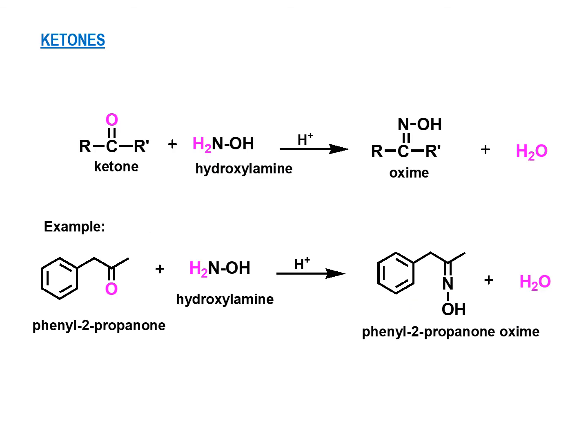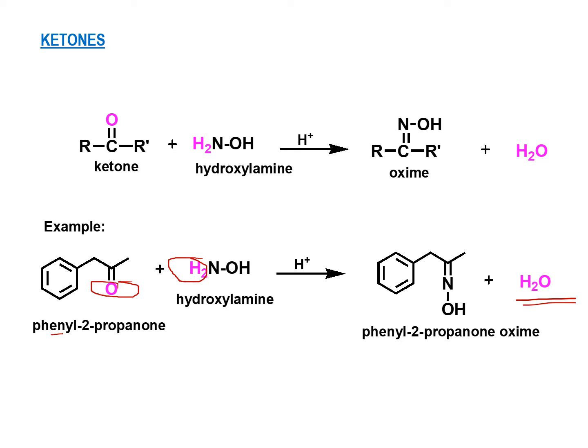Okay, so for the ketone, same thing. For the ketone, sama konsep dengan tadi aldehyde. For example here we have phenyl 2-propanone react with hydroxylamine. The oxygen from propanone akan gabung dengan H2 from hydroxylamine untuk form H2O.